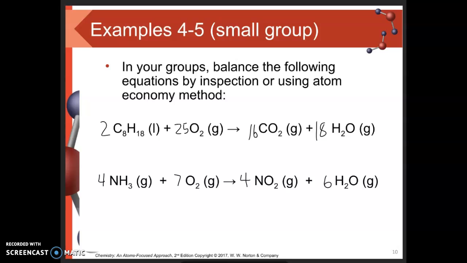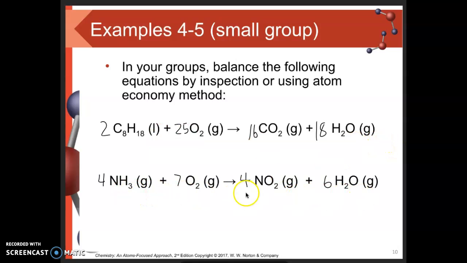A little trick that you can look for when hydrocarbons are burning, if you have an even number of carbons, generally speaking, that's usually a sign that you're going to have to double everything. It's not always the case, but if we're talking about alkanes, so simple saturated hydrocarbon burning, butane, octane, decane, those kinds of things, they're going to follow that same pattern. You're going to double the hydrocarbon, and then everything else will kind of shake out from there.